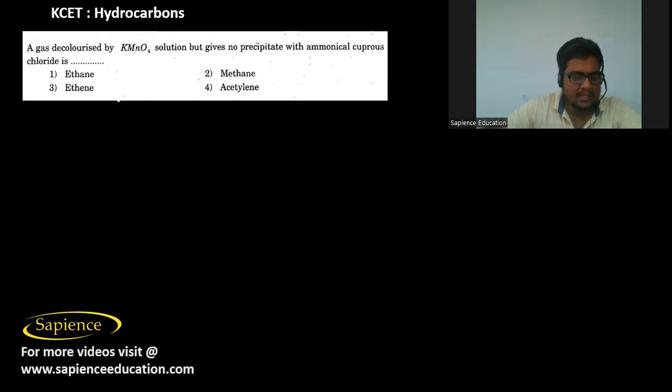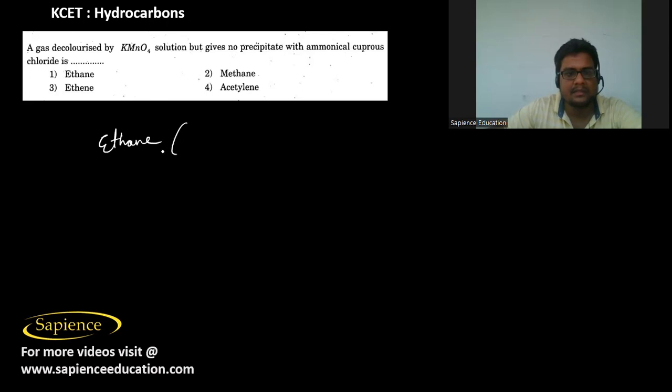Then it is asked: a gas decolorized by KMnO4 solution but giving no precipitate with ammoniacal cuprous chloride is. Now, ethane will not react with KMnO4 since it has no unsaturation.